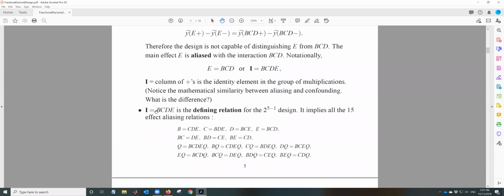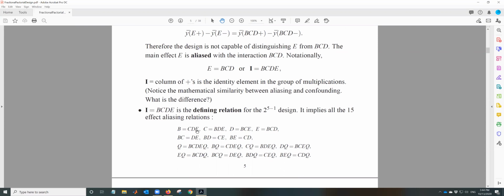Now, if we have a defining word or defining relation, that is BCDE, you can use E equals BCD. You can set up BCDQ as a 2^4 full factorial design, and then use E equals BCD, and you will be able to get a 2^(5-1) design. So here we have 15 aliasing relations.